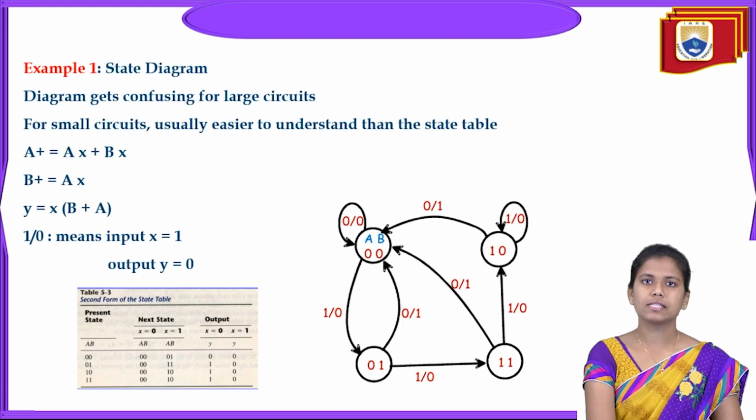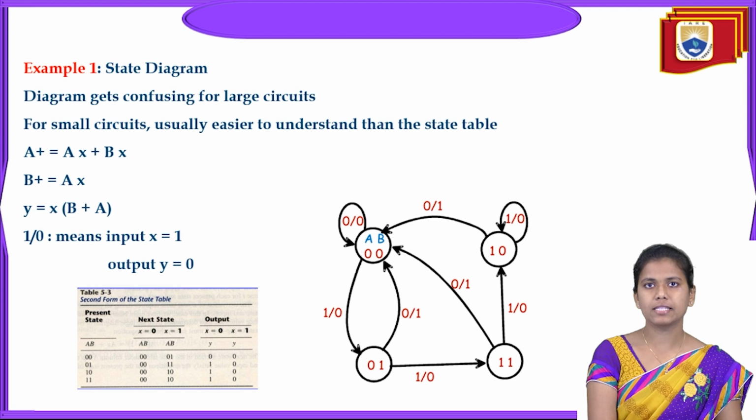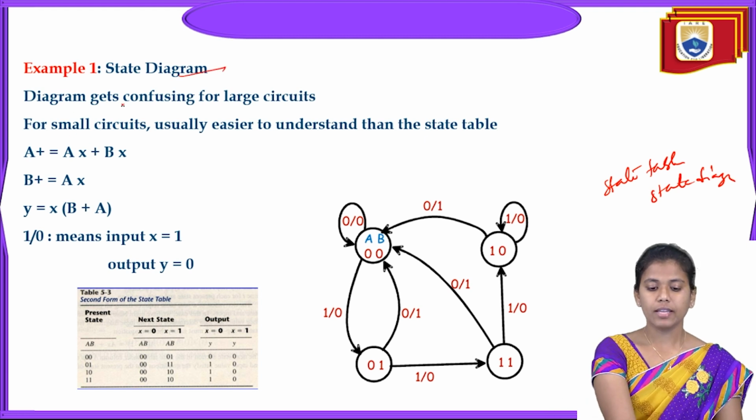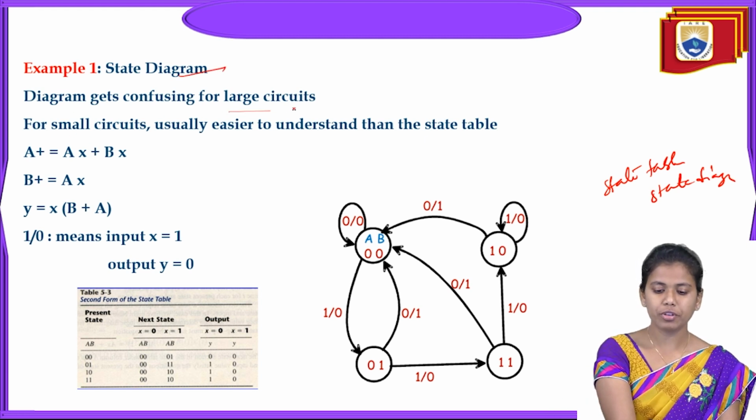Coming to the example, this is a simple example. Through this example, we can understand the state table and the state diagram. The state diagram gets confusing for large circuits.